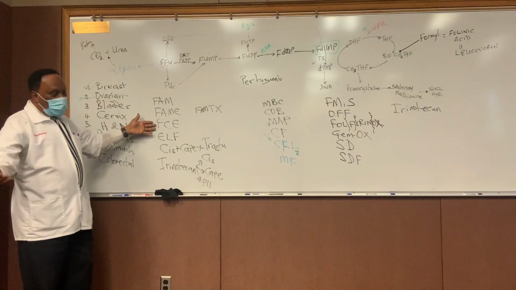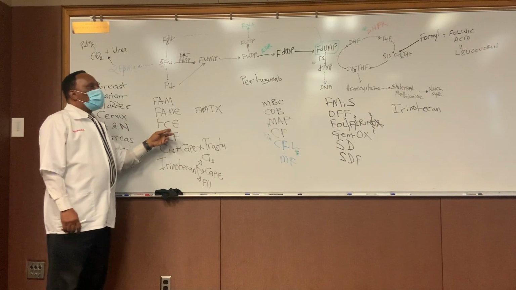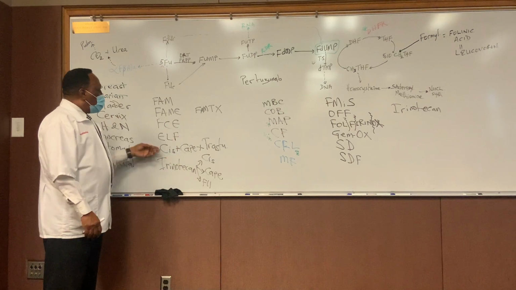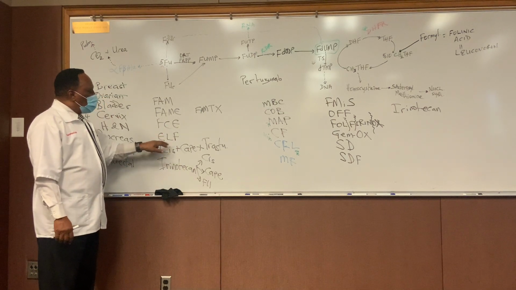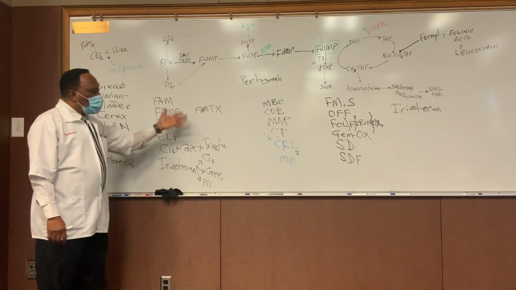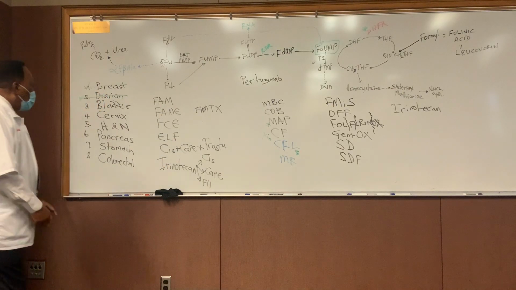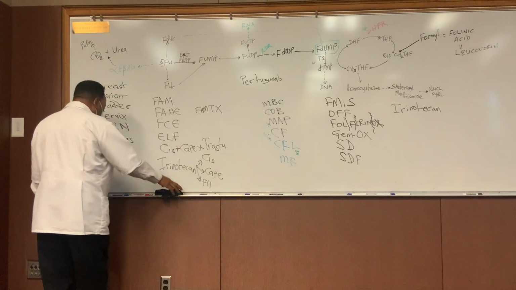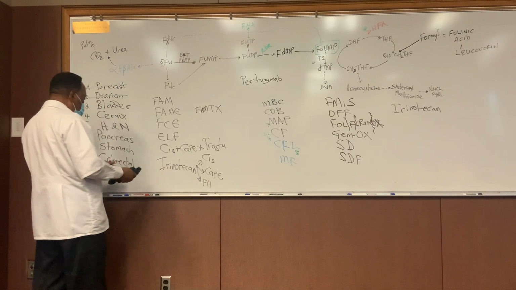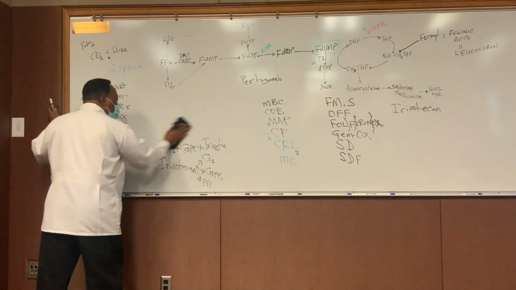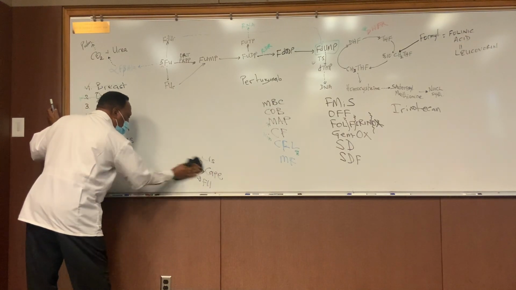Face will be fluorouracil, cyclophosphamide, and then you can use etoposide right there. Etoposide plus leucovorin plus 5-FU, and then the rest are self-explanatory. So that will be for your stomach cancer.